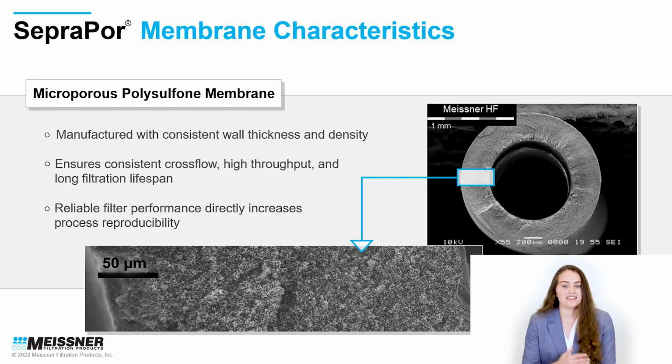Again, inconsistent filtration will require having to change other process parameters to maintain the same process performance. Having a supply of filters with consistent performance directly increases the consistency of your process. To address this, Separapore membranes are engineered for enhanced process consistency, and that starts with the membrane morphology.